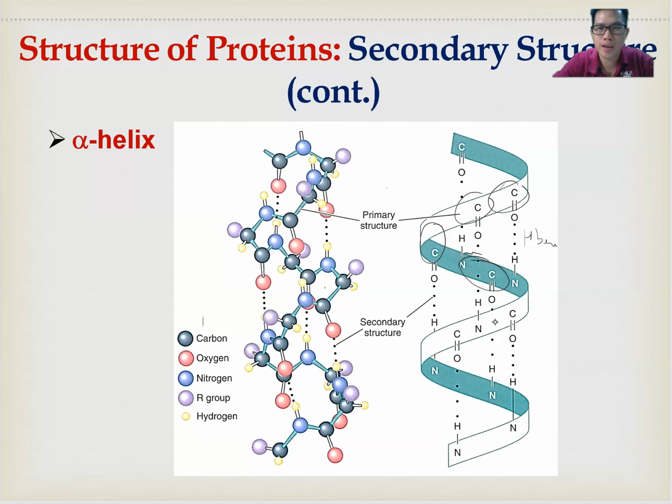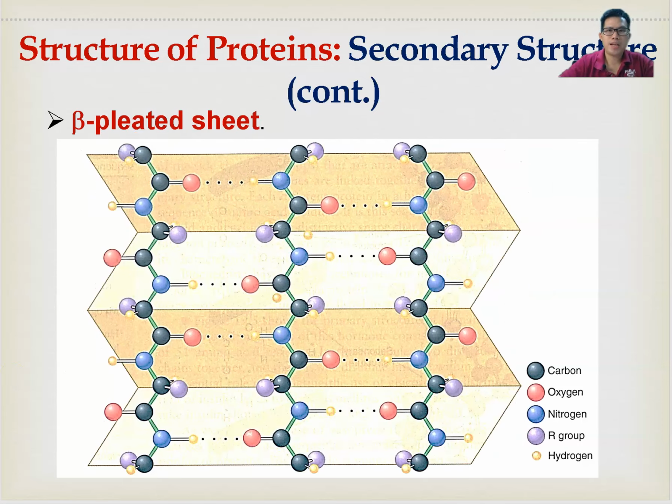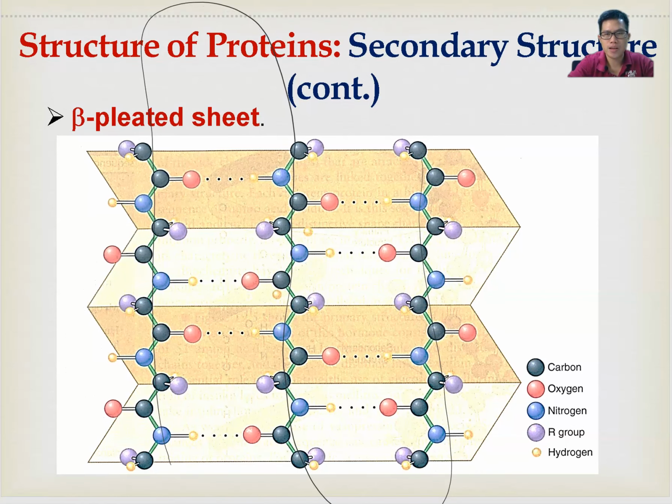To be exact, it's about 3.6. The distance is about 3.6 amino acids away, and they form another hydrogen bond. Because of this hydrogen bonding, they form an alpha helix structure. The beta sheet is exactly the same, just that it forms sheet-wise.